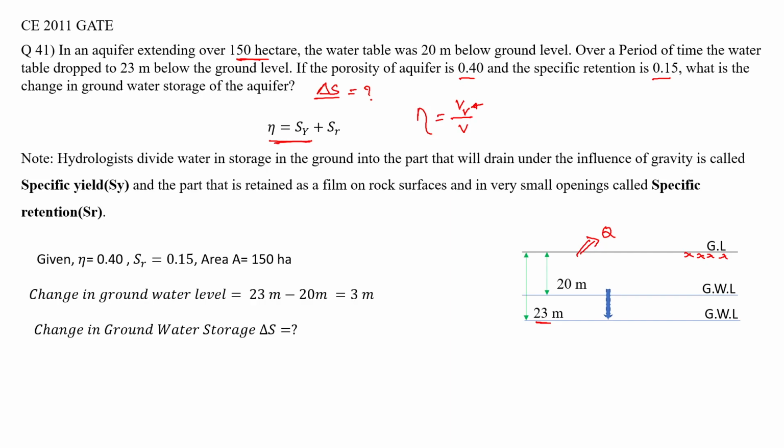That is the maximum it can store. But the aquifer can only release a certain amount of water, either by pumping or by gravity. Only a certain volume will be released and the remaining volume will be retained in the aquifer.